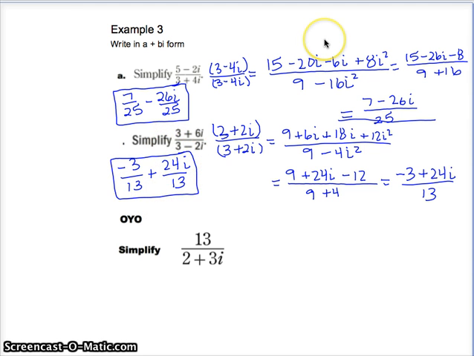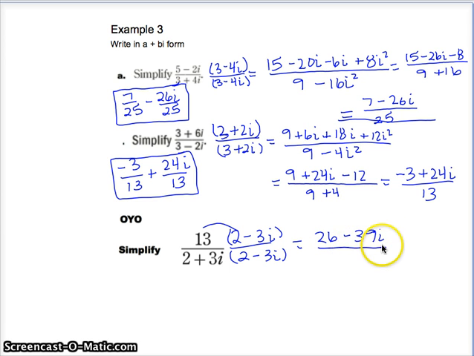All right, now you give it a try. Try the problem on your own and then check your answer. To do this one, I multiply the top and the bottom by the complex conjugate, 2 minus 3i. All right, distributing them up top, I get 26 minus 39i, and on the bottom, I get 4 minus 9i squared.